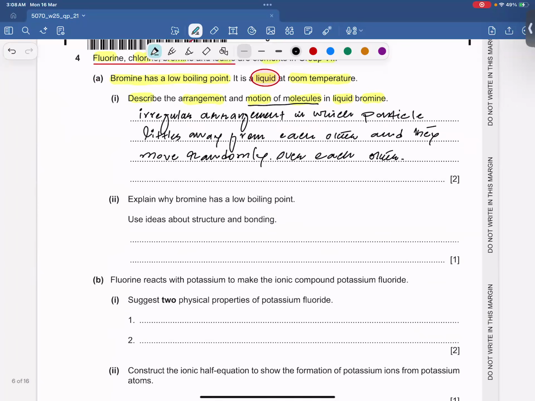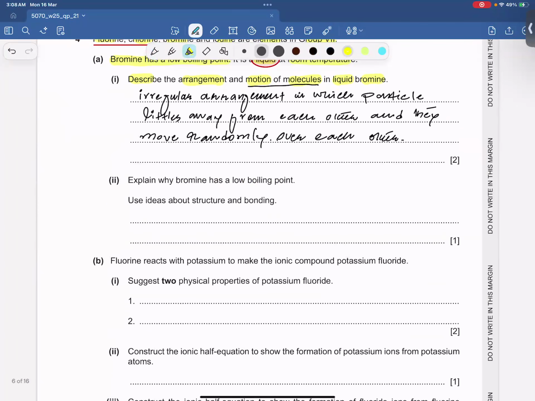All right. Explain why bromine has a low boiling point. Use ideas about structure and bonding. Bromine exhibits covalent bonding and has a molecular structure.